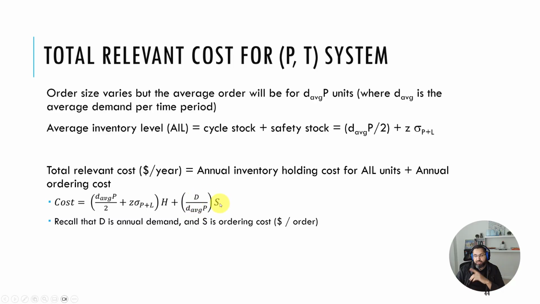Multiply that by S, the ordering cost per order, to get the total ordering cost per annum, and then add the whole thing up to get the cost. The units of this cost are dollars per year. It is the annual cost.